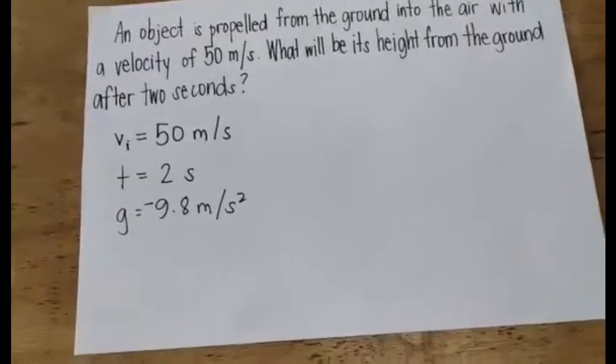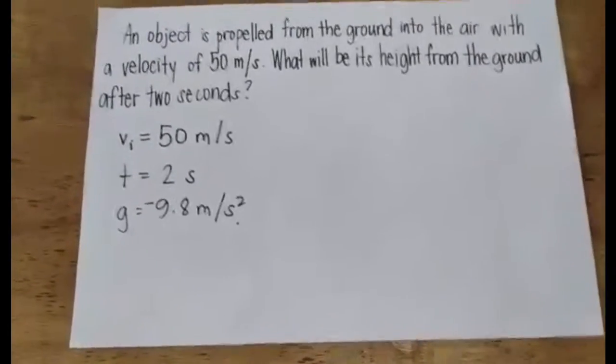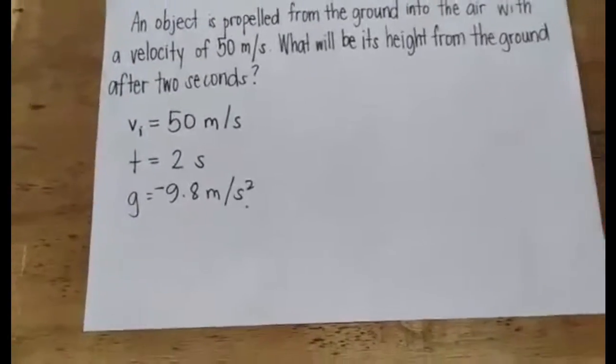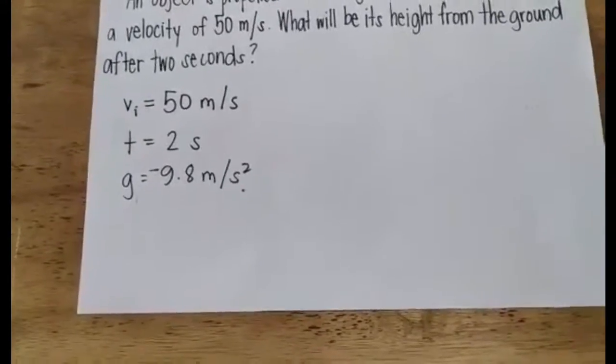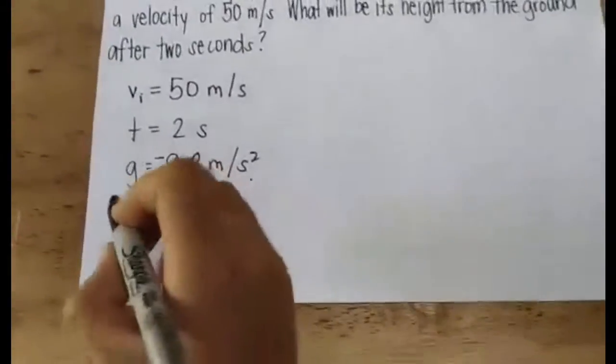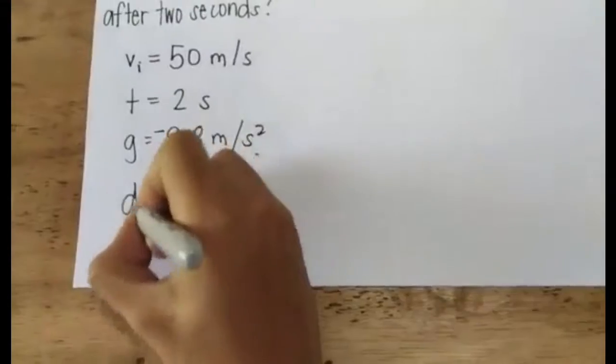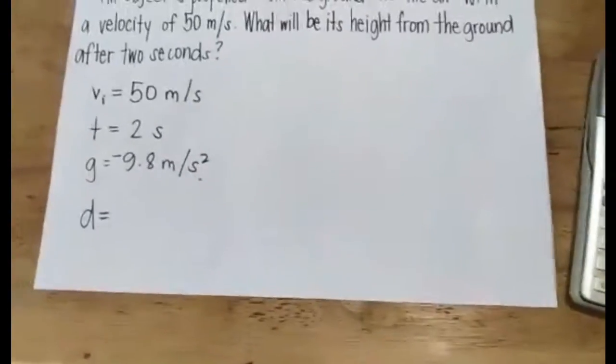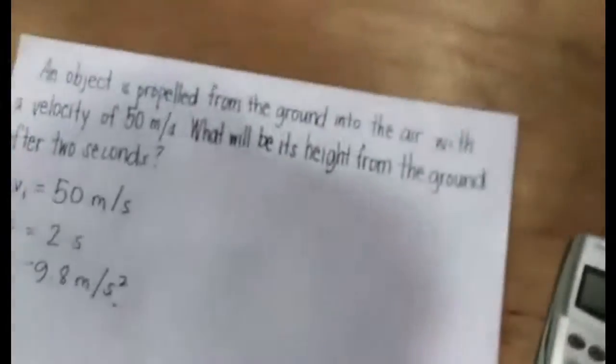Next, we need to find the formula which is very suitable for our problem. Now, we're looking for the height above the ground, so definitely we're looking for the variable d. Now, looking back into our four kinematic equations, we have these.